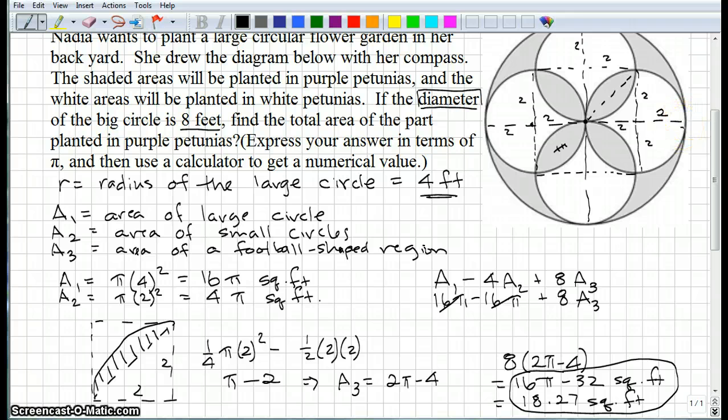Then you could use that same center and that same stick, only make your radius 2, and put your stick 2 feet away from the center and trace out these other circles here, and then go buy your plants, go get your petunias, and start planting. That would be pretty. So, alright, there's your answer.